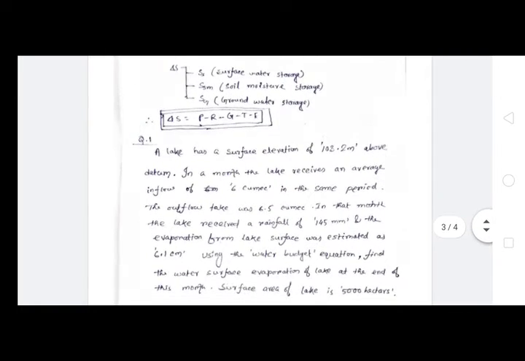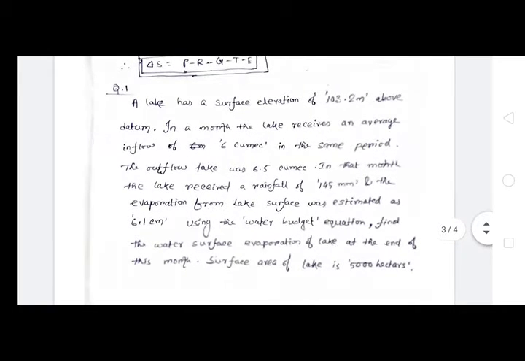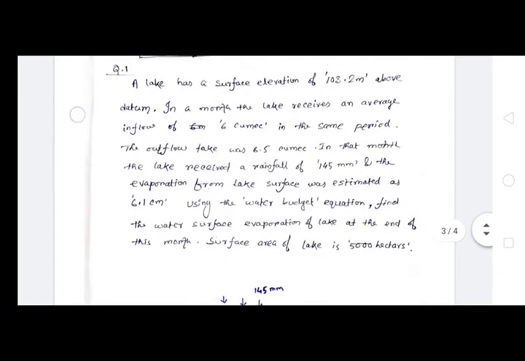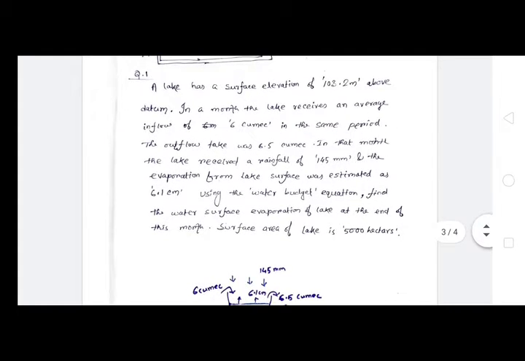Now we can understand it better if we take an example of that. Here you can see one numerical problem. A lake has a surface elevation of 103.2 meter above datum. In a month, the lake receives an average inflow of 6 cubic.